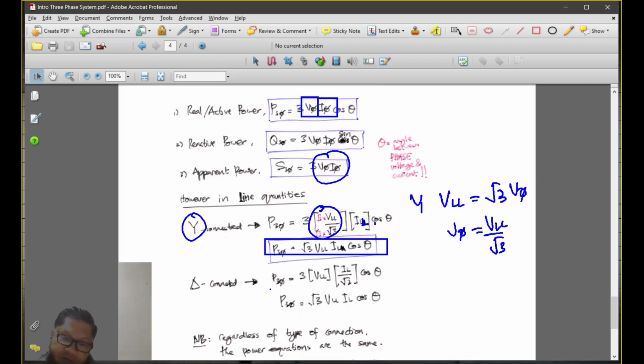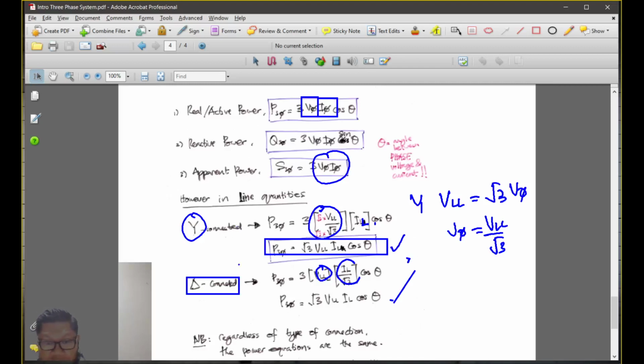And that also happens for delta connected. Instead of V line to line, you change the I line: the I phase here equals I line over root 3. Solve that, and it's the same equation.